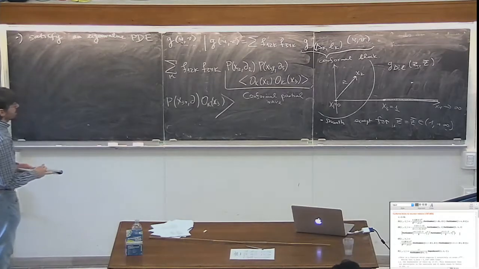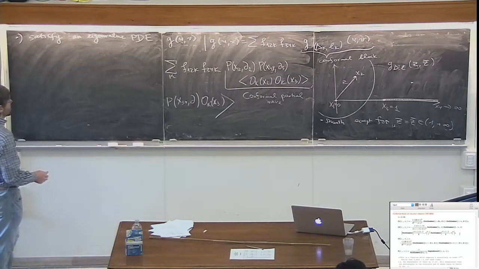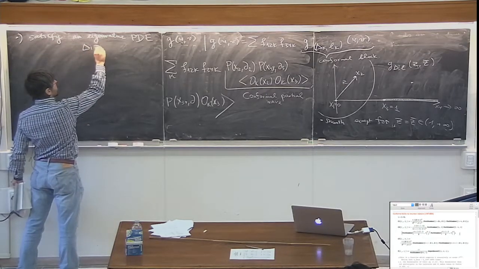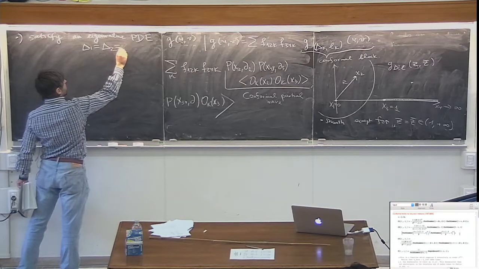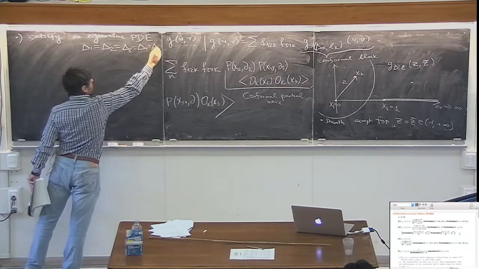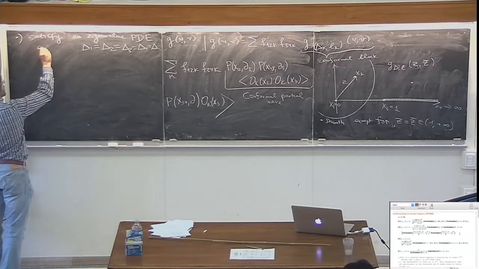Let me write down this equation. I'm going to state a bunch of results, and I'm going to state them only for the case when the external operators have identical dimension. But in fact, all of these results extend also to the case of unequal dimension. It's just for simplicity.